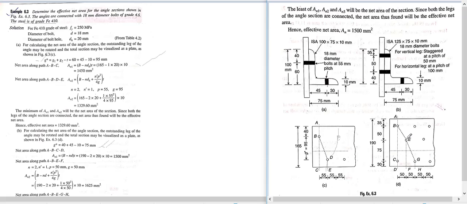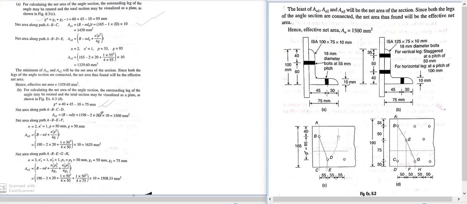Then for the third case, along ABEGH there will be two changes of path, here and here, so N dash should be 2 for the third path. One for this path and one for this path. I hope you can solve this numerical then.